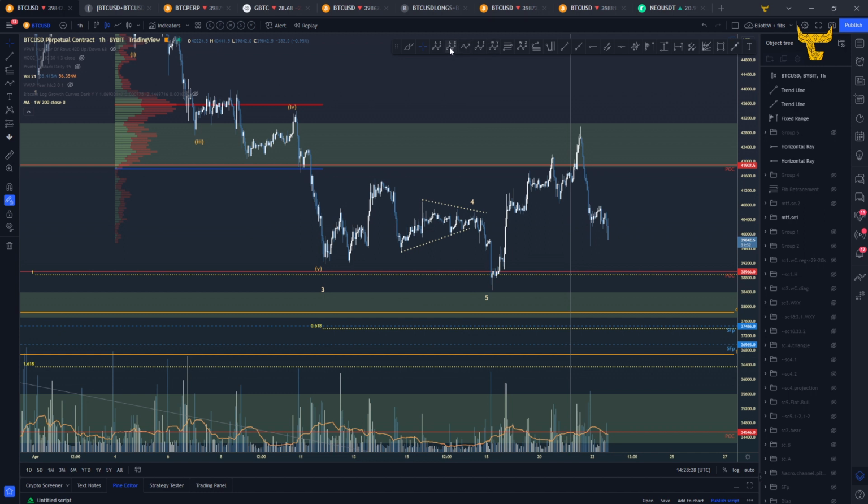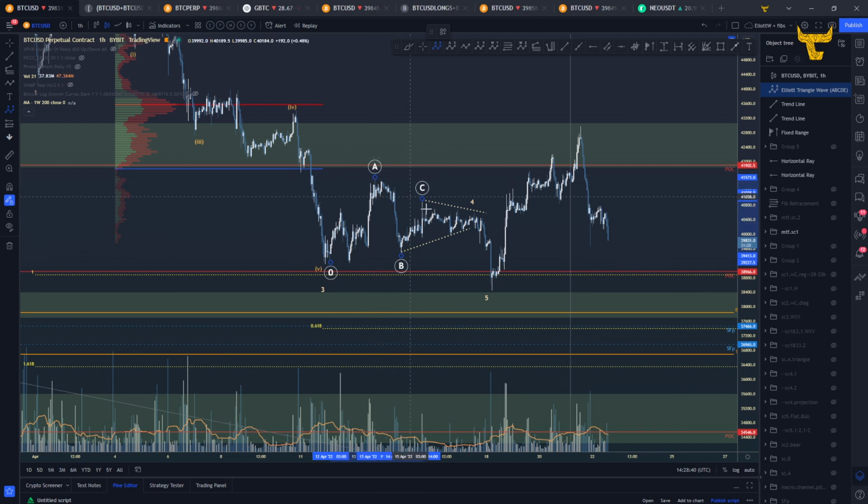We need each wave to respect the rules. So wave C not to breach wave A, wave D not to breach wave B, and wave E not to breach wave C.